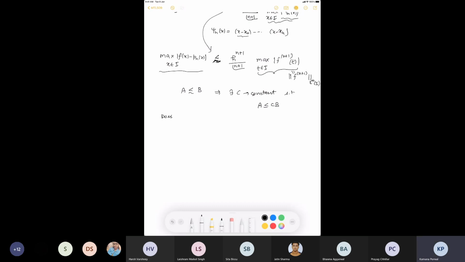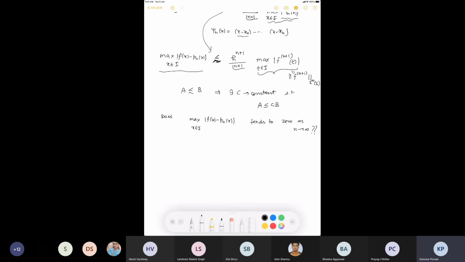So can we say that this tends to 0 as n tends to infinity? Increasing the polynomial degree means increasing n, and you expect the error to get smaller and smaller, right? So the answer is no.